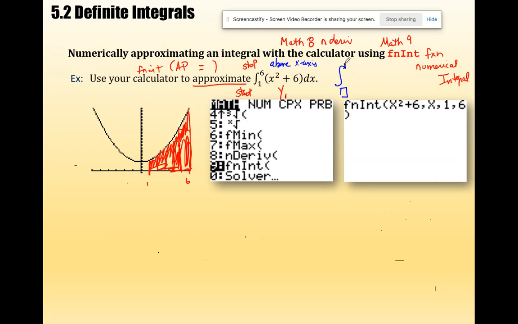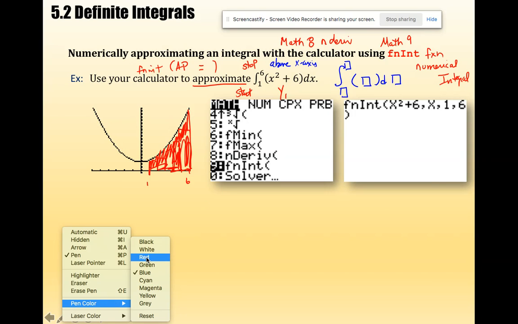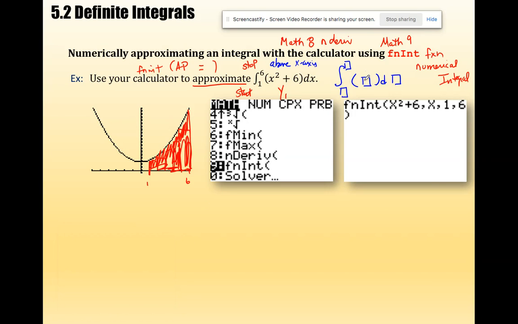You'll have a box there, a box there, a box here, and a box there. If you have put the function into Y1, then you just have to do vars, Y vars, enter, enter, and use Y1 right there.